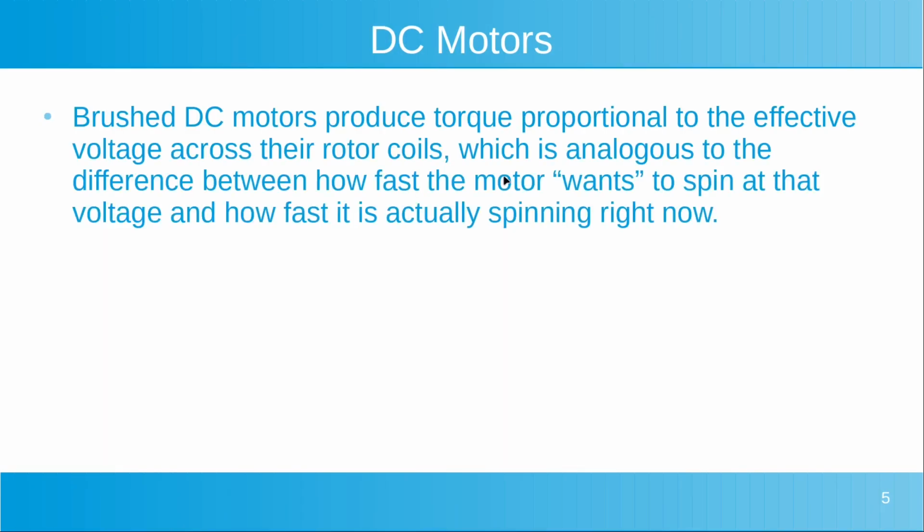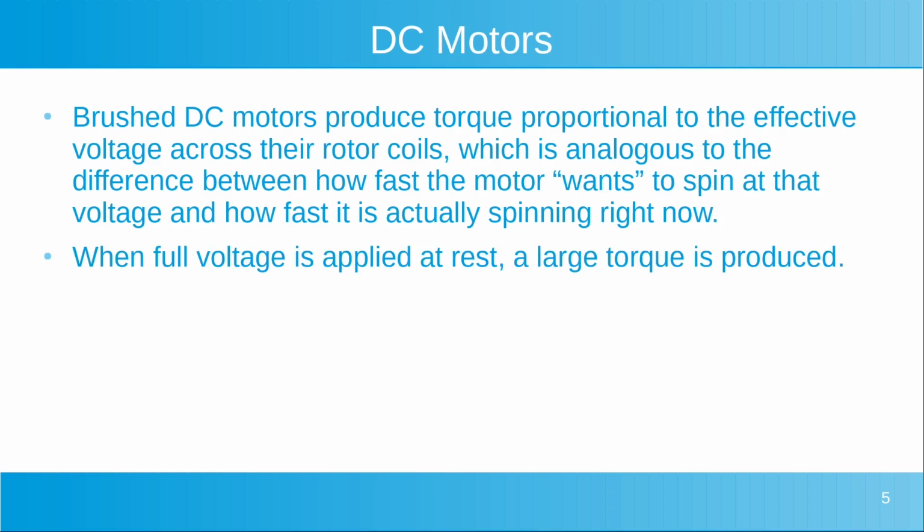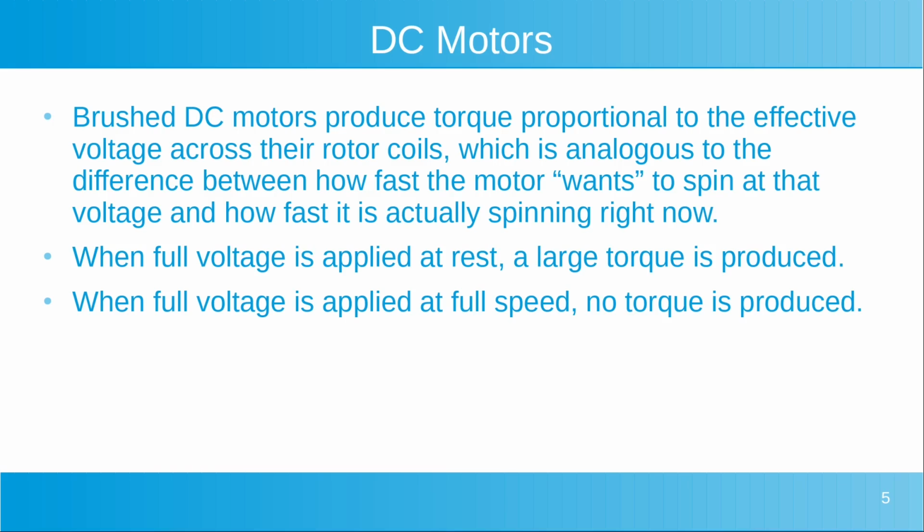Brushed DC motors produce torque proportional to the effective voltage across their rotor coils, which is analogous to the difference between how fast the motor wants to spin at that voltage and how fast it is actually spinning right now. When full voltage is applied at rest, a large torque is produced. When full voltage is applied at full speed, almost no torque is produced.